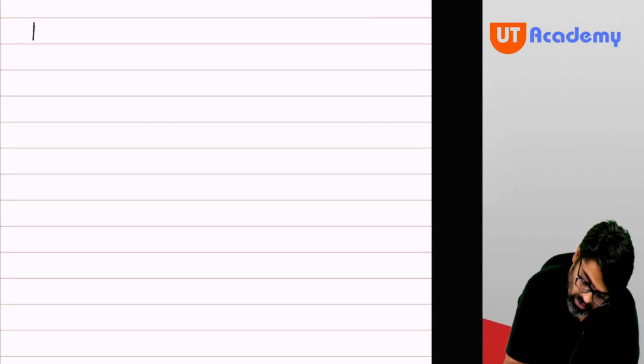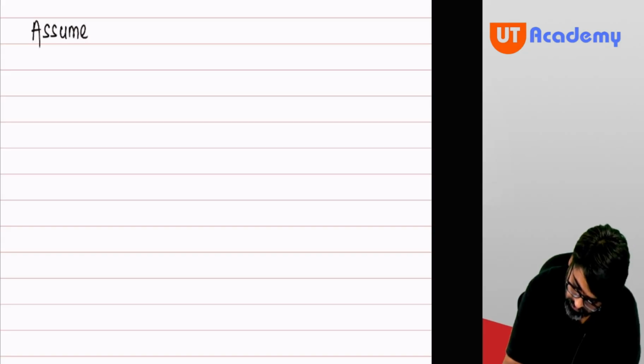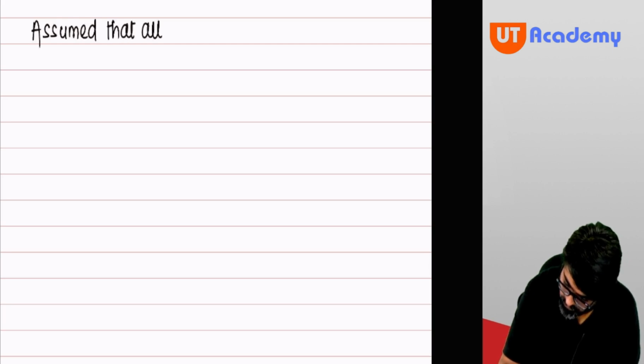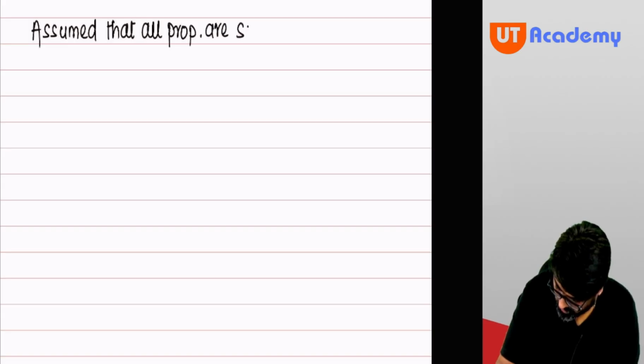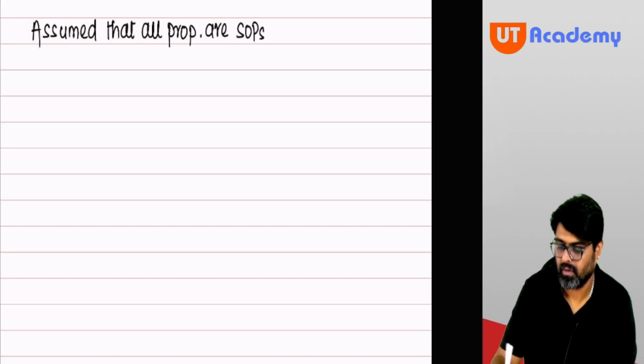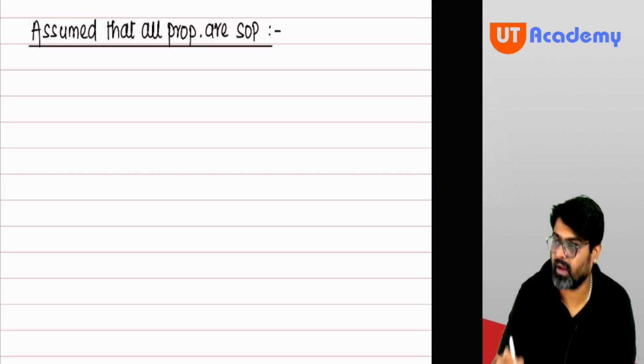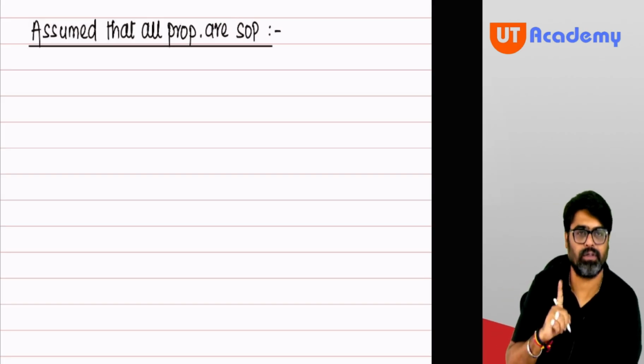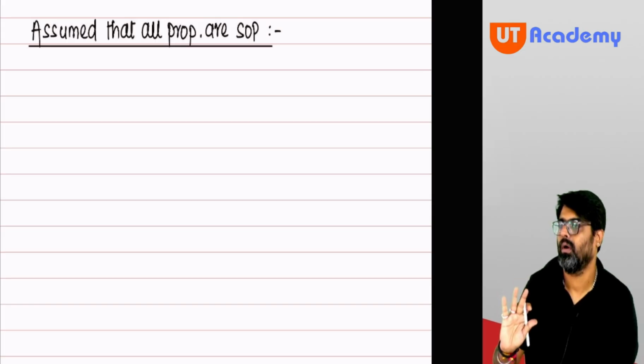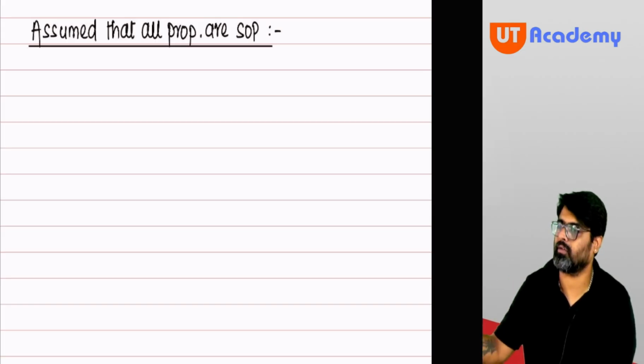So, assumption. Assume that all properties are SOP. I'm making the first table, in which I will assume that all the properties are SOP.